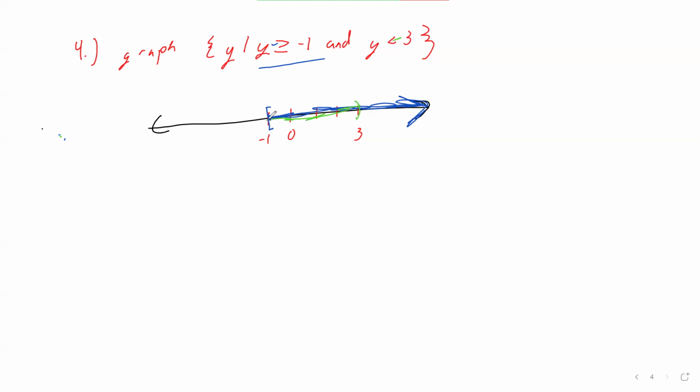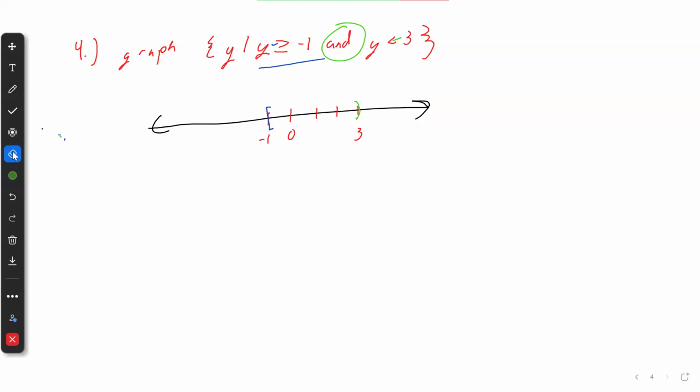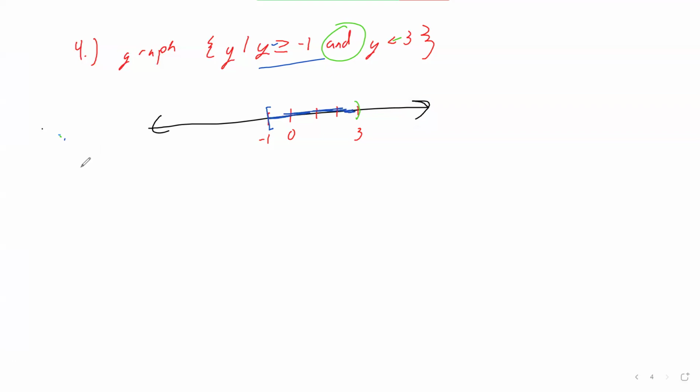So this is what it would naturally look like if you graphed them both on the same line. If it's an and, you're only going to consider the intersection. So therefore, your only answer is from here to there and there to here. So we only do the intersection. All right.